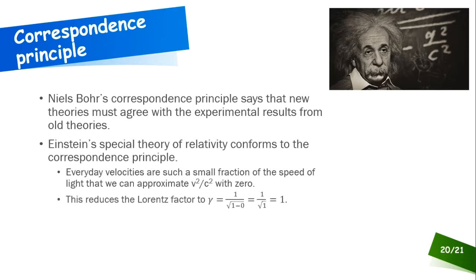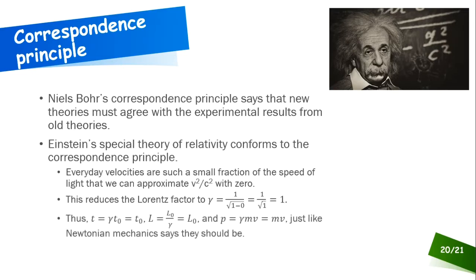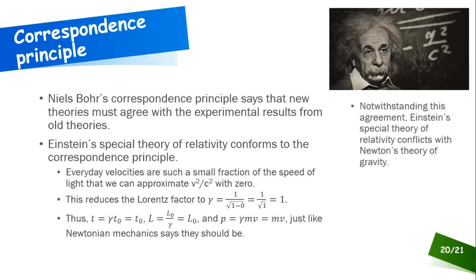Well, when we do that, the Lorentz factor just reduces to 1. And so anything times 1 is itself. So then time equals time, length equals length, momentum equals mass times velocity, just like Newtonian mechanics says they should be. But we do find that there's a difference when we're looking at astronomical phenomena.